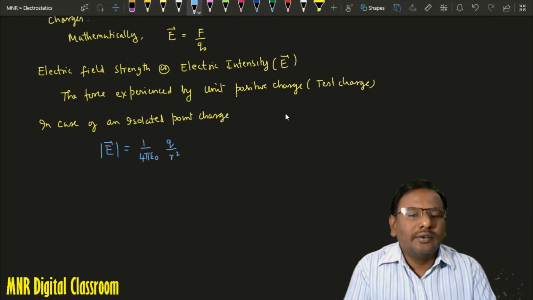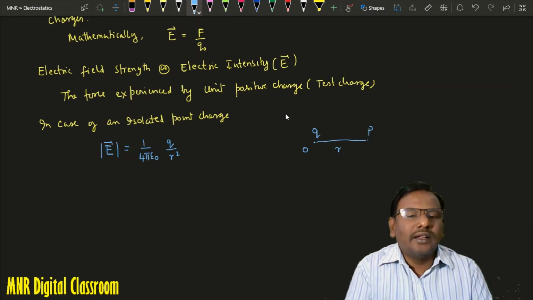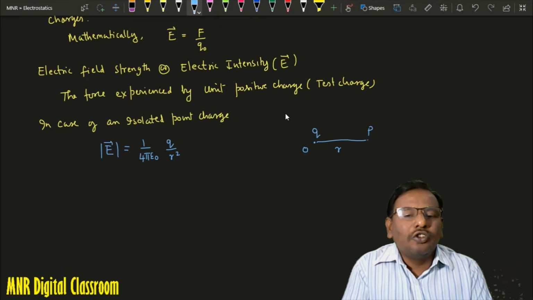Here, suppose we take a charge q placed at point O, and I want to know the strength of electric field at point P due to this charge, which is at a distance of r from the given charge. Then the strength of electric field at point P is E bar equals 1 by 4 pi epsilon naught q by r square.